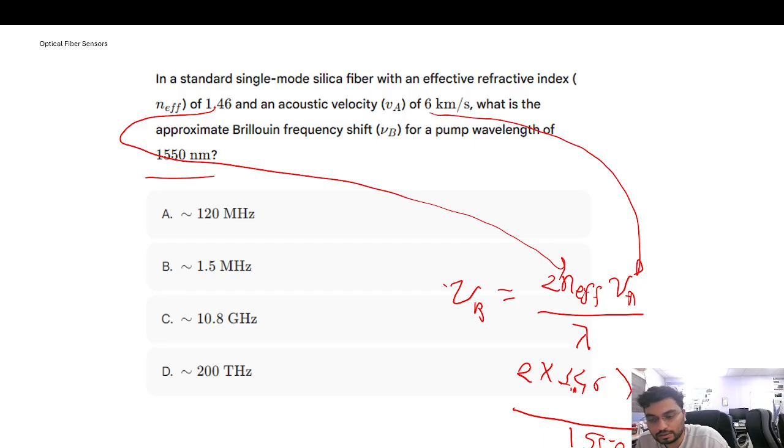Here also meter. Let's calculate. I'll also try to calculate. Into 1.46 into 6000 divided by 1550.